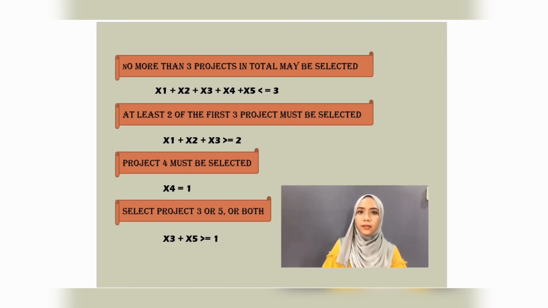As for that, x1 plus x2 plus x3 has to be greater than or equal to 2. Third, project 4 must be selected. This simply means that x4 equals 1. Next, select project 3 or 5 or both. In other words, select at least one of project 3 and 5.